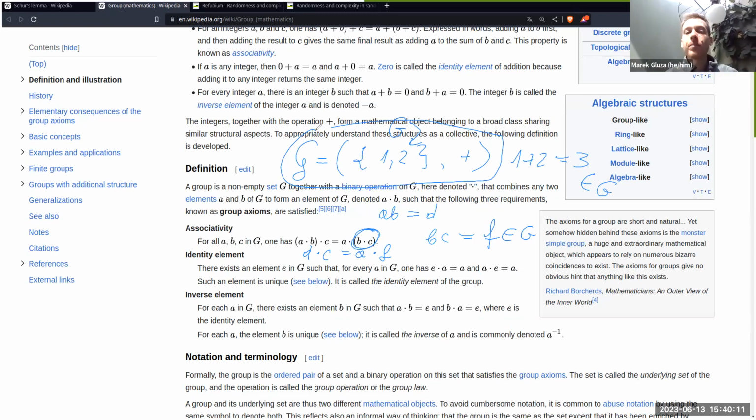So that operation needs to be closed under addition, okay? And to fix this, you would consider addition modulo 2. So 3 modulo 2 is equal to 1, which means 1 plus 2 is 1. Okay? Stuff like that.